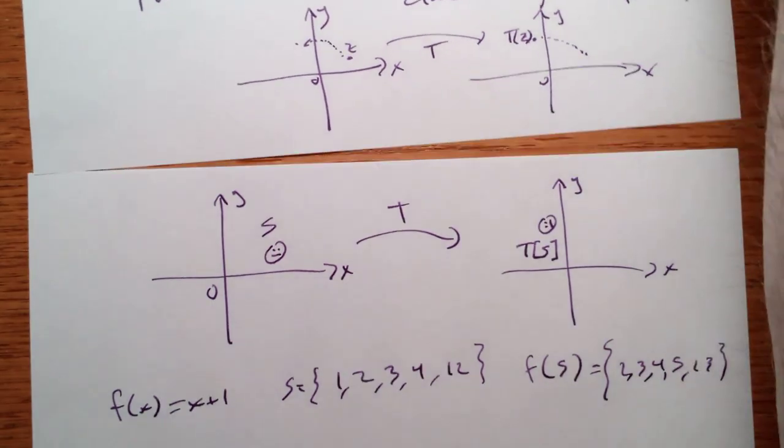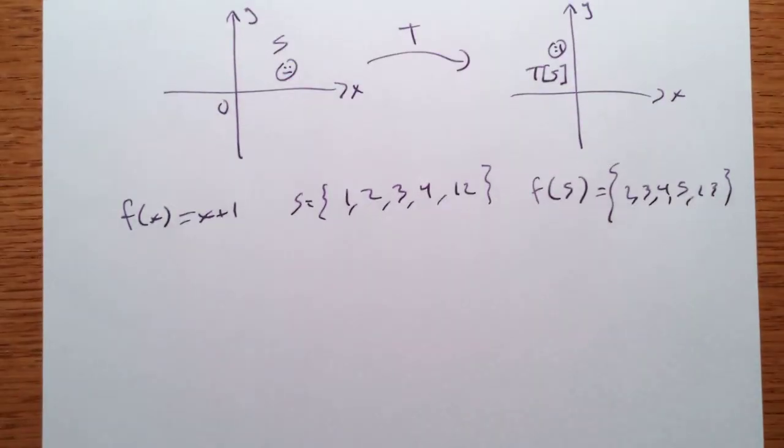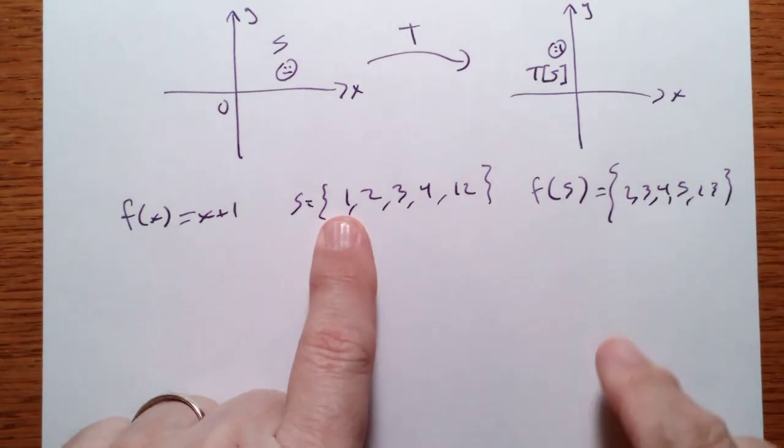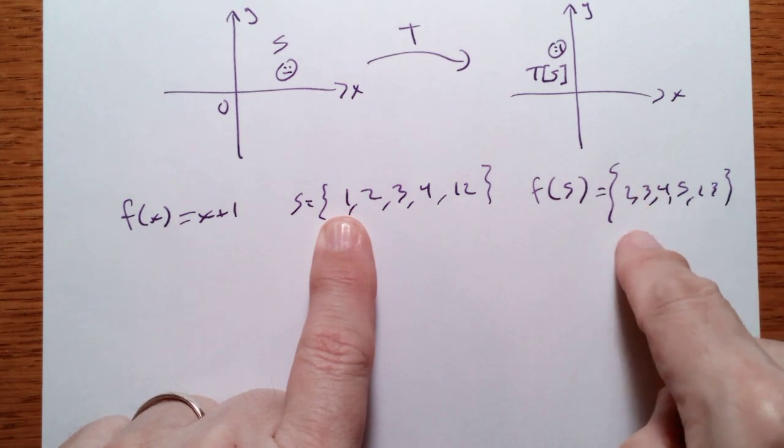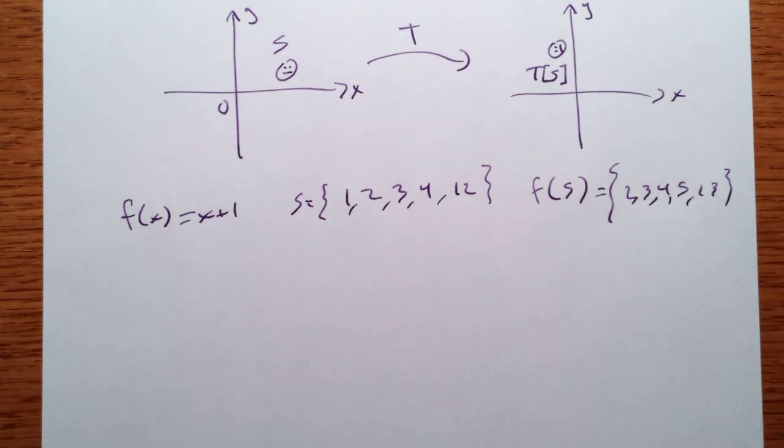There we go. So I can apply a function to a single spot, a single number, a single element, or I can apply it to a collection of elements. But the whole idea is that each input gets only one output.